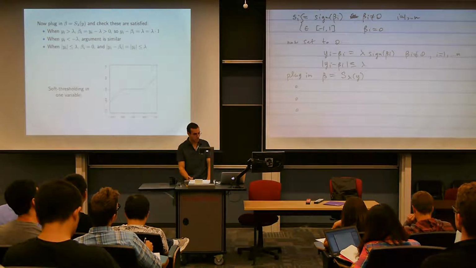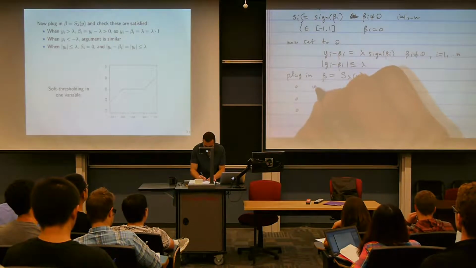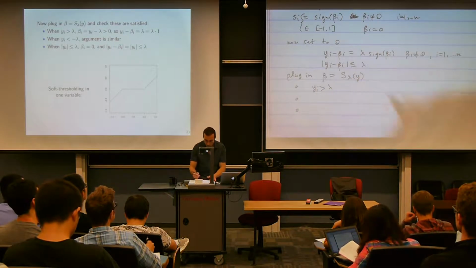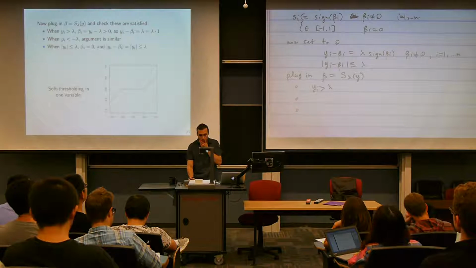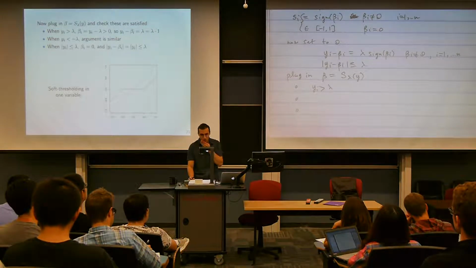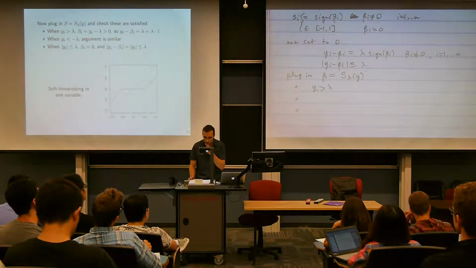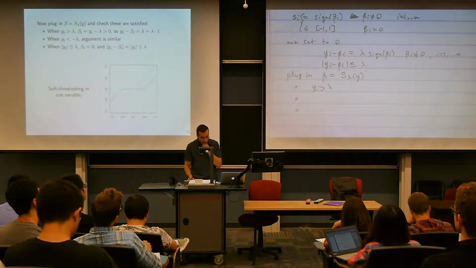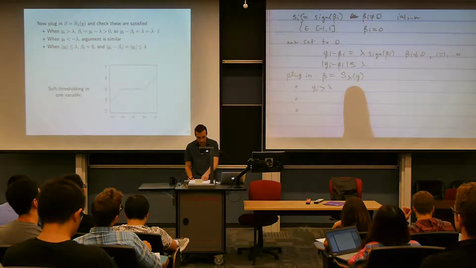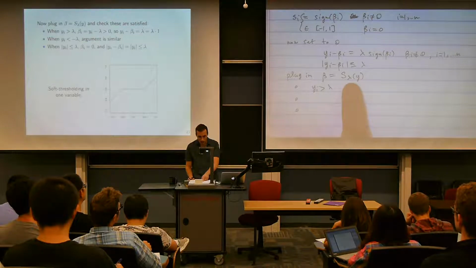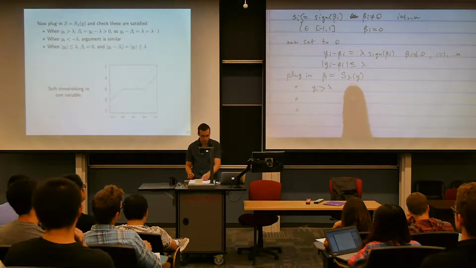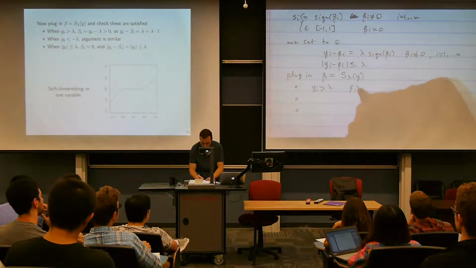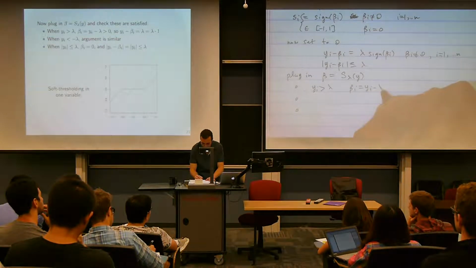And there's really just 3 cases we have to think about. Let's think about the first case, when yi is bigger than lambda. We're assuming lambda is positive here. Then we're just going to get yi minus lambda, right? Beta I is just going to be equal to yi minus lambda.